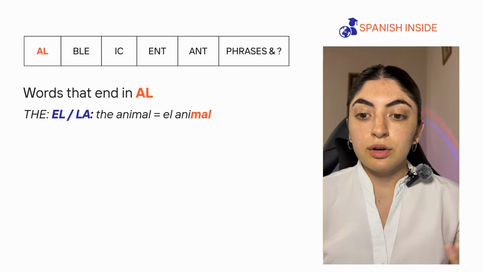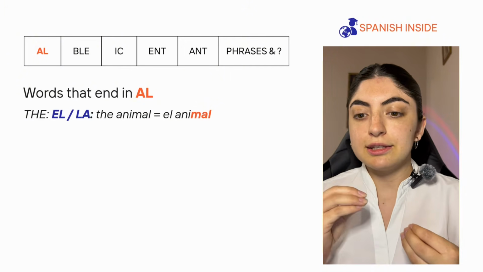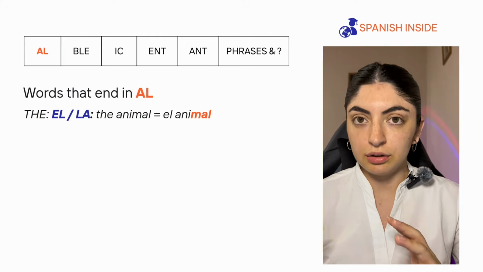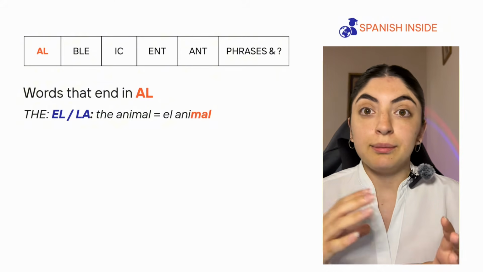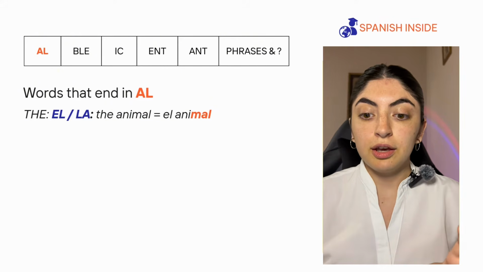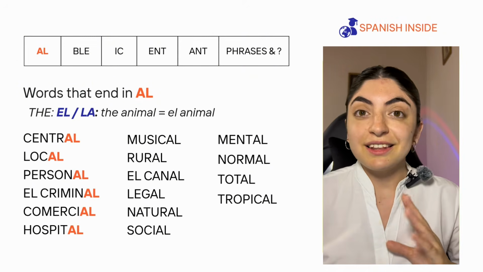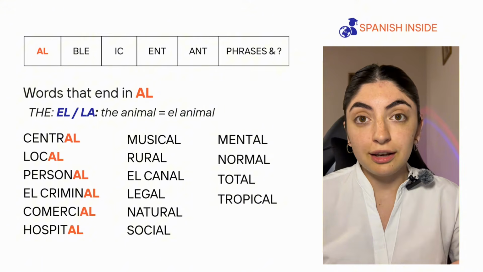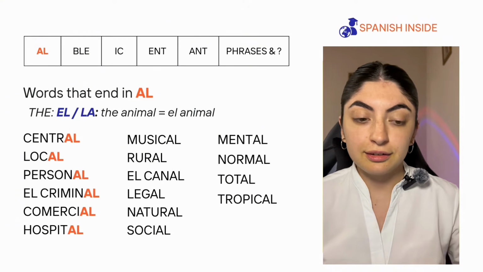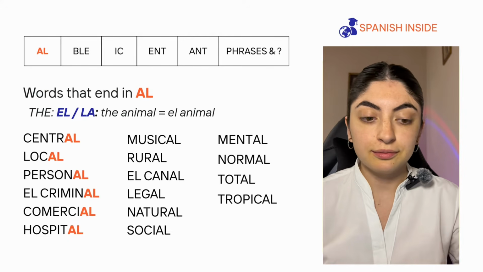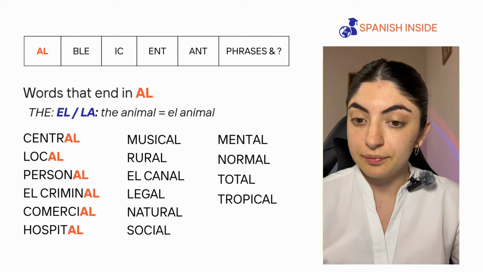Spanish words that end in al are stressed in the last syllable. For example, animal. Here you have more examples to understand this. Central, local, personal, el criminal, comercial, hospital.